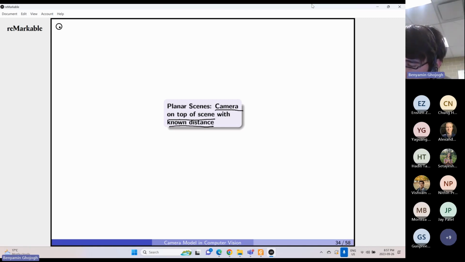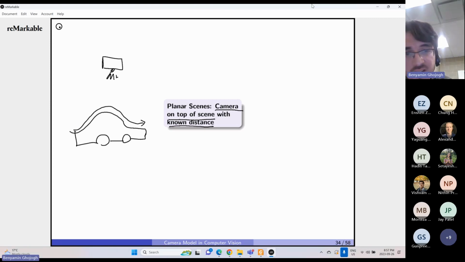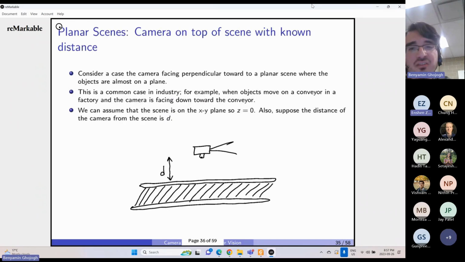So assume this is a camera looking at the scene, and this is an automobile part. But this is not planar. This is curvy, right? What I mean is that it's a plane, but it's used a lot, especially in industry when we have a conveyor.